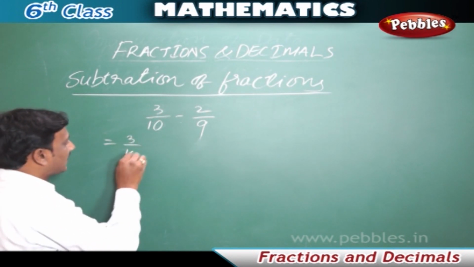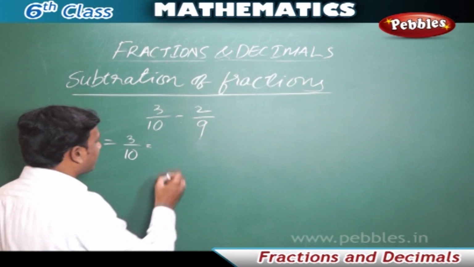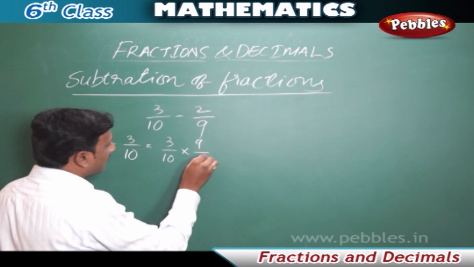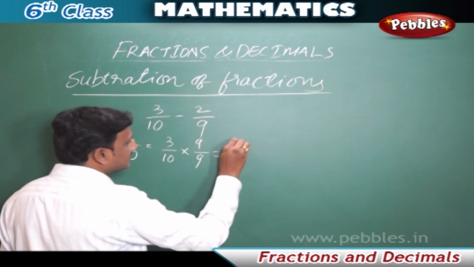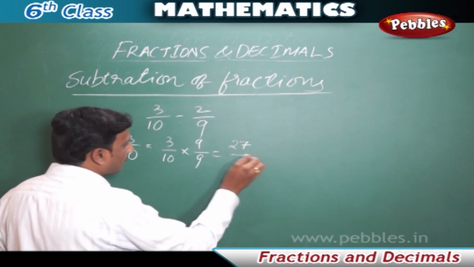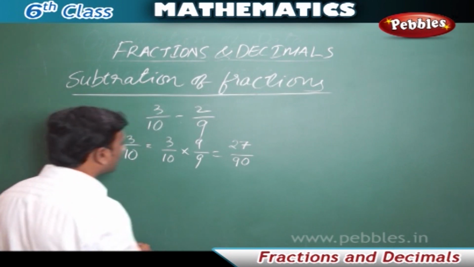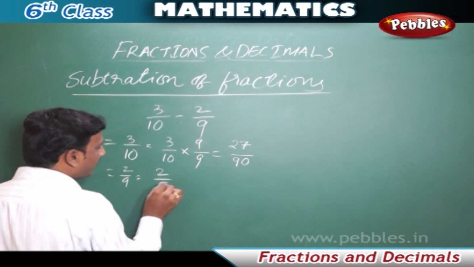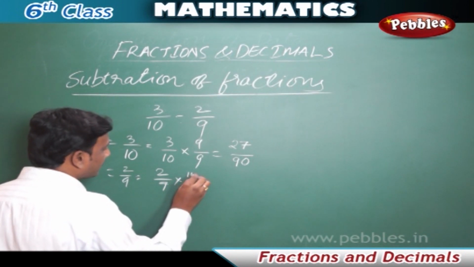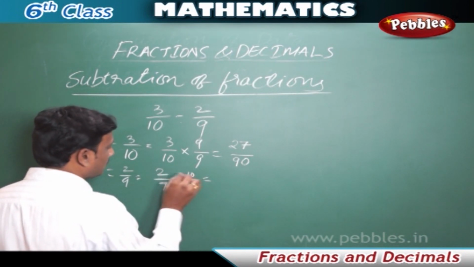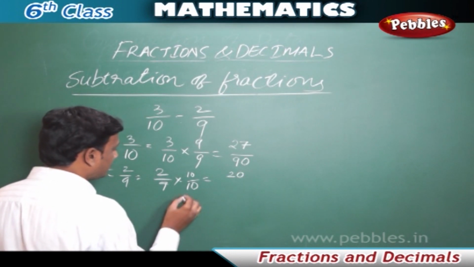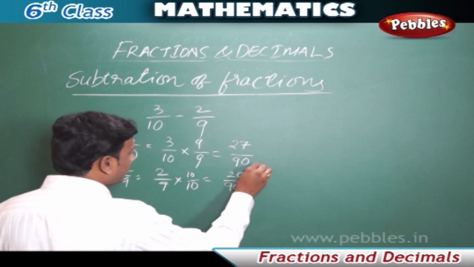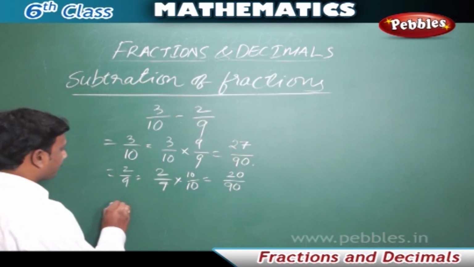First, we make these unlike fractions into like fractions. 3 by 10 equals 3 by 10 into 9 by 9. 3 nines are 27 by 90. Now let us take 2 by 9 equals 2 by 9 into 10 by 10. 2 tens are 20 and 9 tens are 90. So now the denominators are the same.